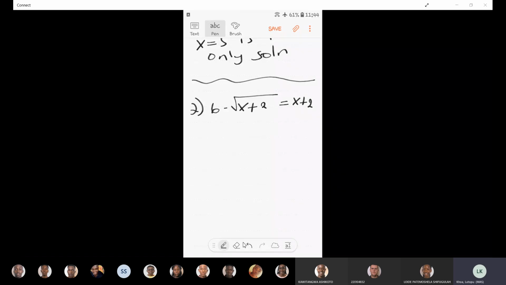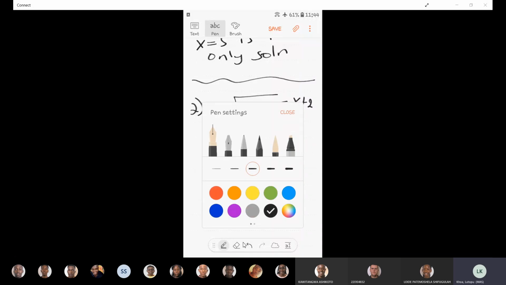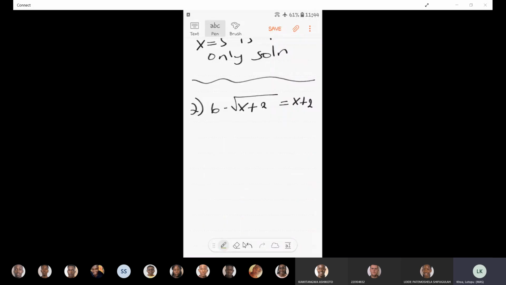Don't just square both sides immediately. You may make your work more difficult, because if I were to square both sides, there's nothing wrong with that. I'll put it in green to show it's not wrong, but you'll end up with 6 plus the square root of x plus 2, squared. This is equal to x plus 2 squared.